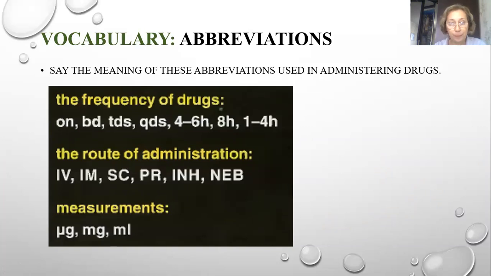QDS is four times a day, and every 4 to 6 hours we should take the medication. Every 8 hours, and every 1 to 4 hours we should take the medication. Yes, every 4 hours.